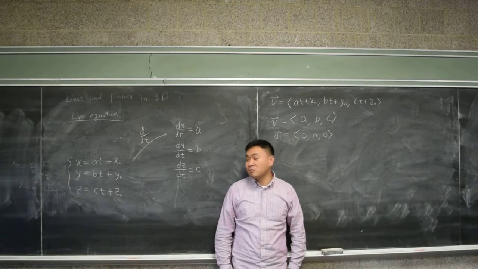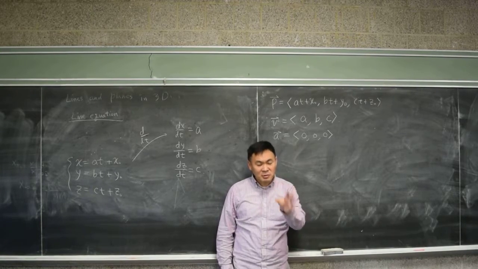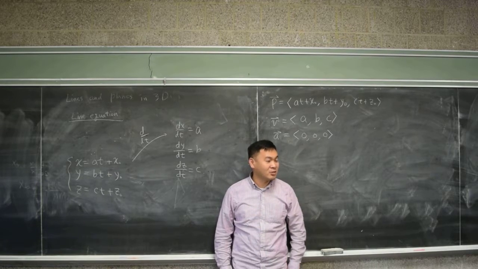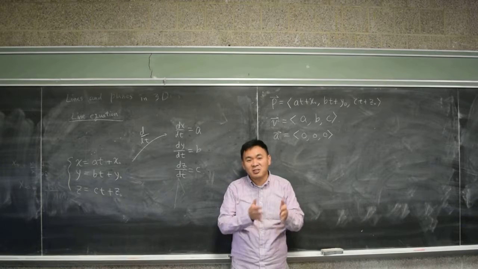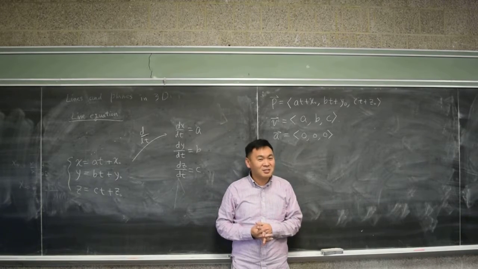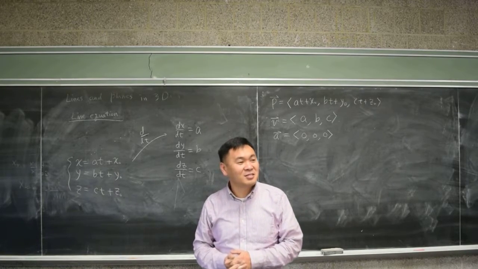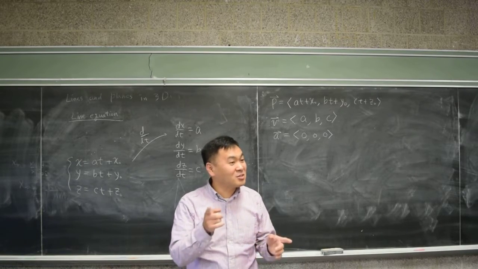Can you give me an example of a constant speed motion which is not a constant velocity motion? What's the difference between saying constant velocity and constant speed? Constant velocity is in the same direction, and constant speed doesn't have to be in the same direction.